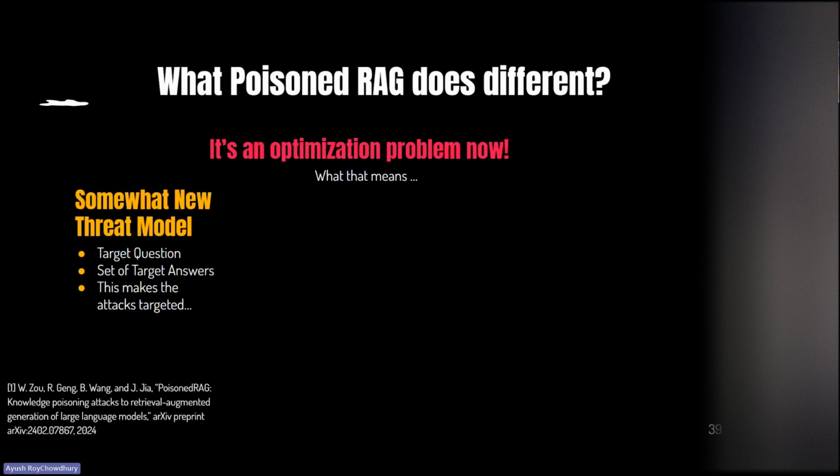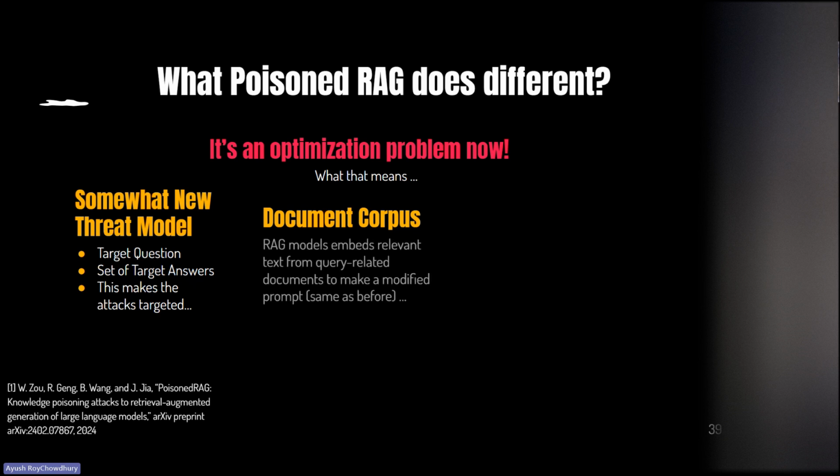PoisonedRAG still does that, but it treats it as an optimization problem where there's a target question, and the target question can be anything from what an intern would ask to anything that the VP of the company might ask. So you sort of have to figure out how the VP would ask this question to the large language model. And what PoisonedRAG does is it has a set of target answers in its document corpus.